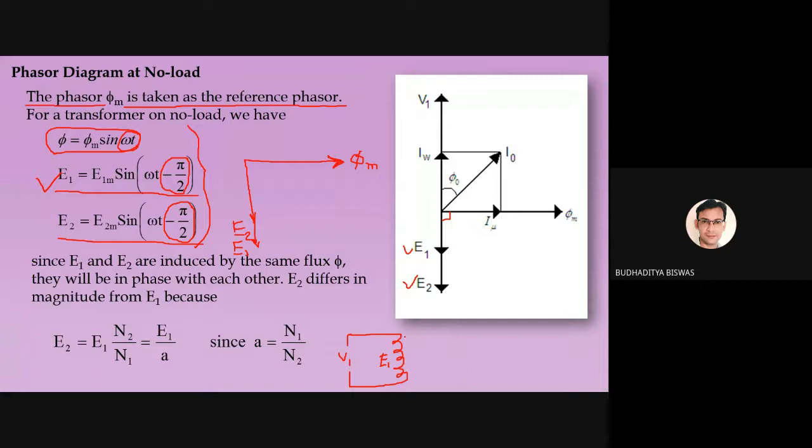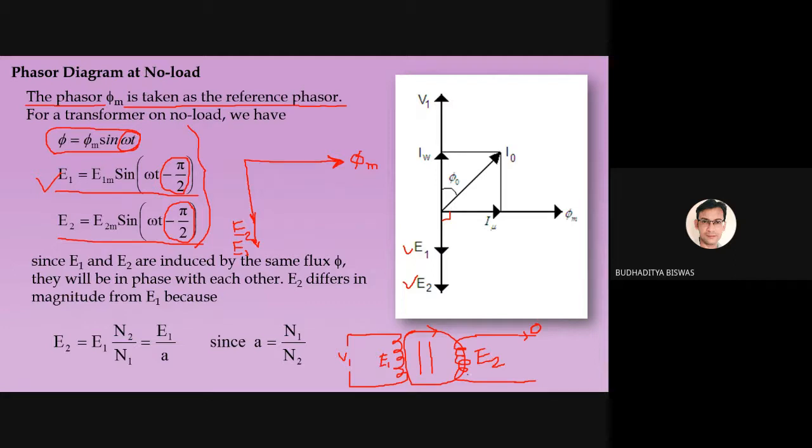After this, some flux will be generated through this core, and another winding is there, called the secondary winding, where some voltage is induced. This is called the secondary induced voltage E2. If the secondary circuit is closed, then some current will flow and some terminal voltage will exist across the transformer. This is the magnetic core. Now, as it is open circuit, obviously the current is zero here.